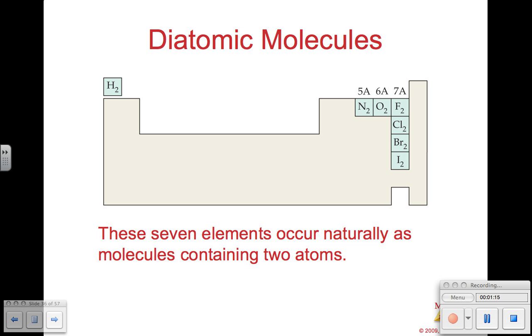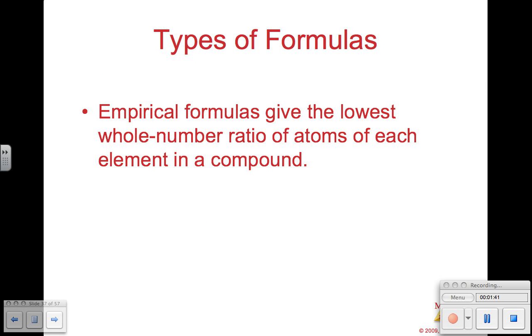So if you ever come across a problem where it says bromine gas combines with such and such metal to form this, when you're writing the formula out, you need to make sure to write it as Br2. Don't write it just as Br. So having this grouping of nonmetals memorized as diatomic molecules when you're writing the element down, it's really important to keep in mind.